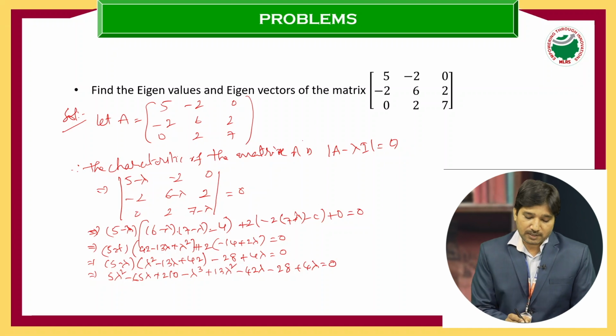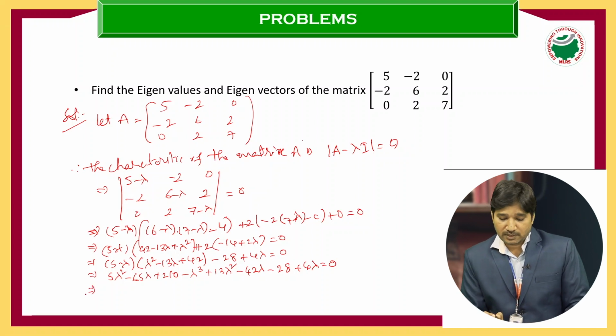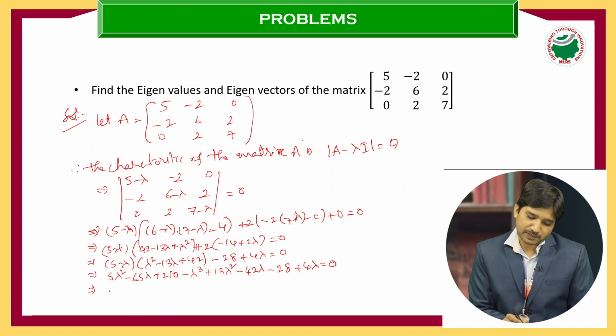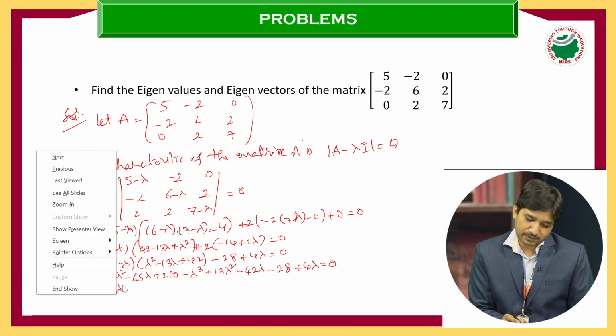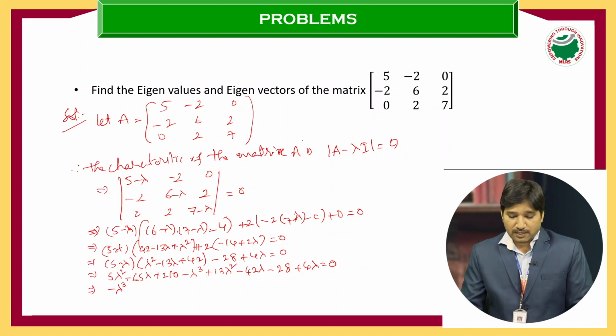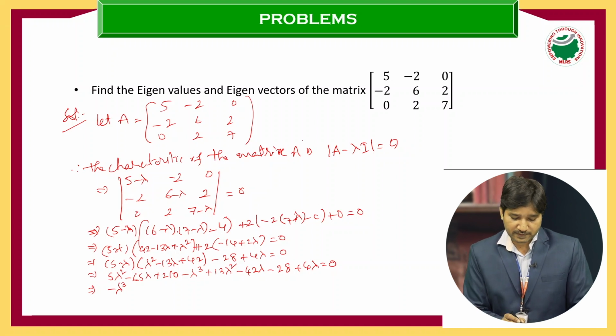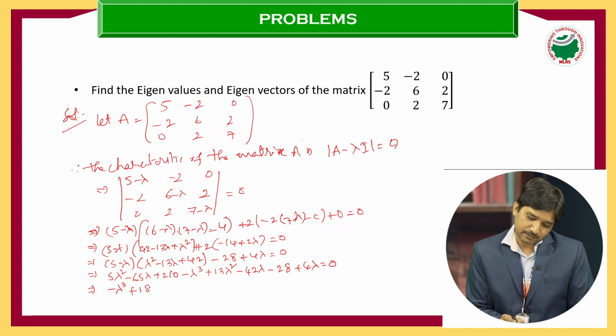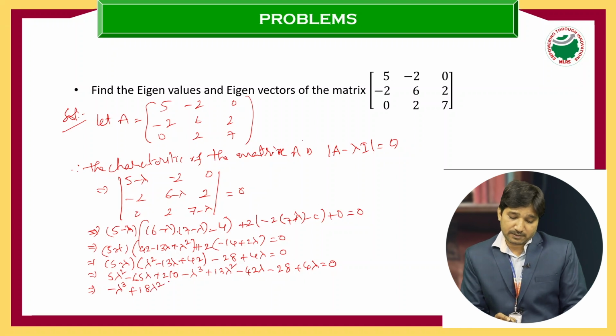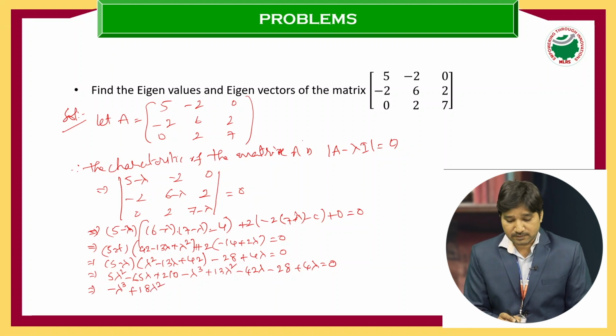Okay, again simplification of this term. Here lambda cubes are minus lambda cube, and lambda squares are 5 lambda square plus 13 lambda square, 5 plus 13 is 18 lambda square. Next, lambda values: minus 65 and minus 42 plus 4 lambda.